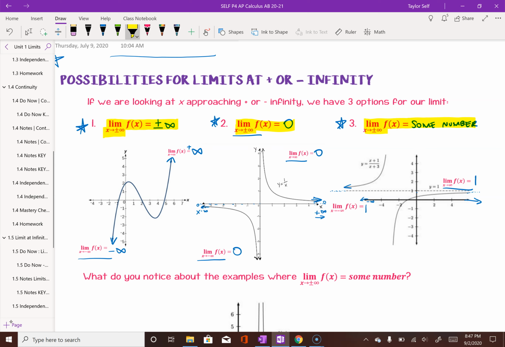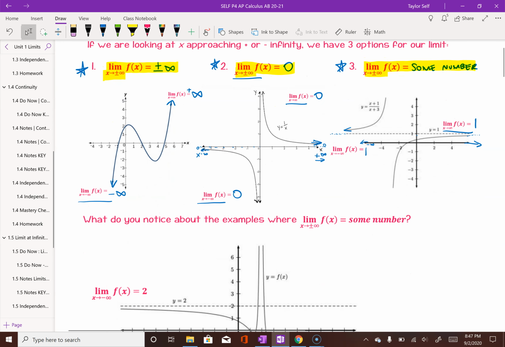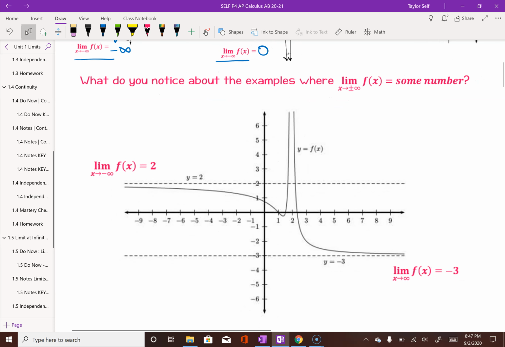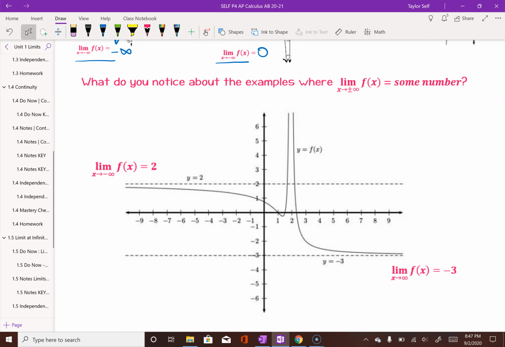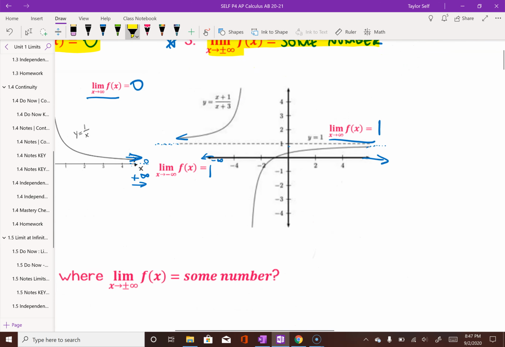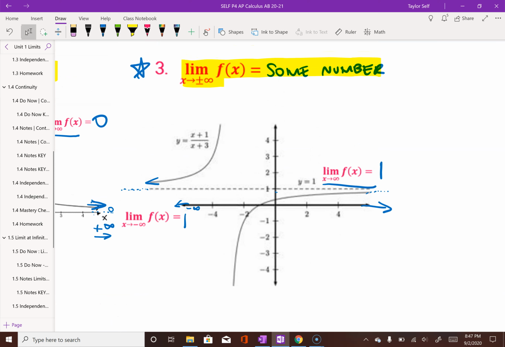Now let's talk about how we know which one of the 3 happens. But first, what do you notice about the example where the limit as x approaches positive or negative infinity equals some number? Let's go back to that one. That's this example. What do we notice about it? We talked about it already.